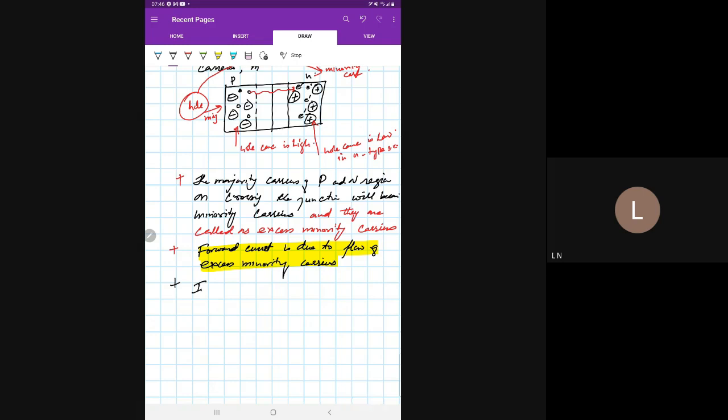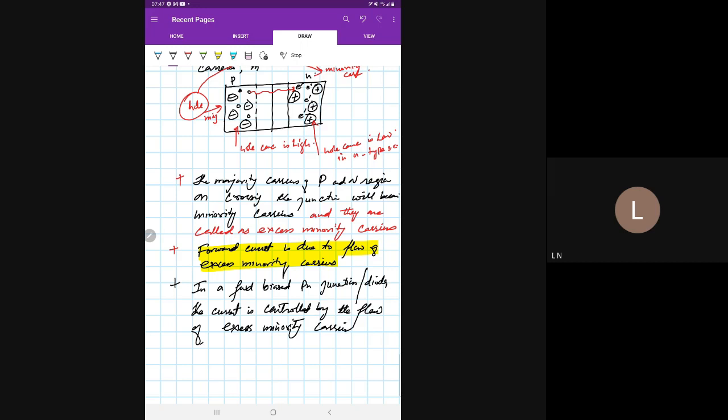Moreover, in a forward biased PN junction or diode, a PN junction is also known as a diode, the current is controlled by the flow of excess minority carriers crossing the junction.